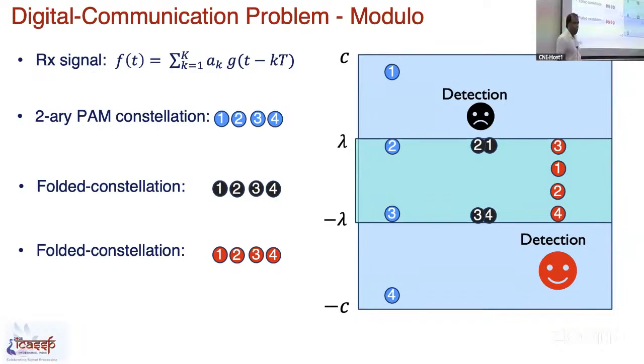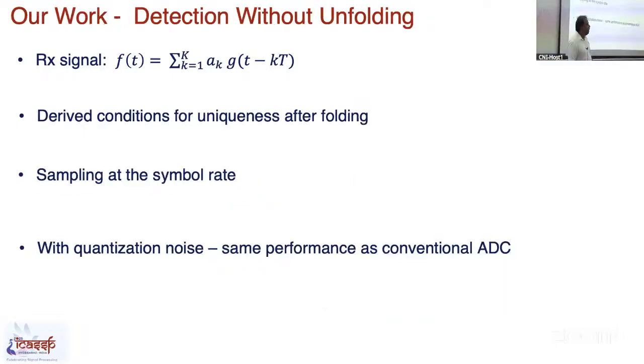We can have a lower quantization error. So in terms of quantization error, the noise will be much smaller in this case compared to this case. Even though distance becomes smaller, the noise also becomes smaller proportionally. So in terms of whatever the metrics are, let's say symbol detection error, we will not be losing anything if we do the detection directly from the folded samples.